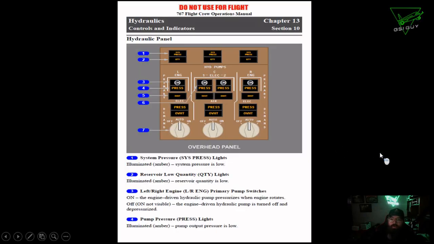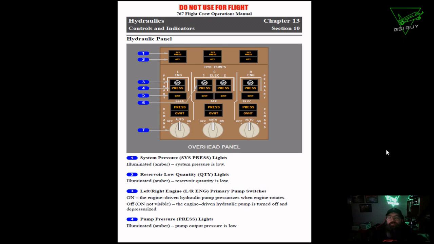But when you go through most FCOMs, what you're going to see is going to be something like this. Now, this is a generic FCOM, and when I say generic, I mean it is a Boeing-only FCOM, so it's not used for flight. It's simply the basic Boeing systems before any of the stuff from an airline is added into it, right?